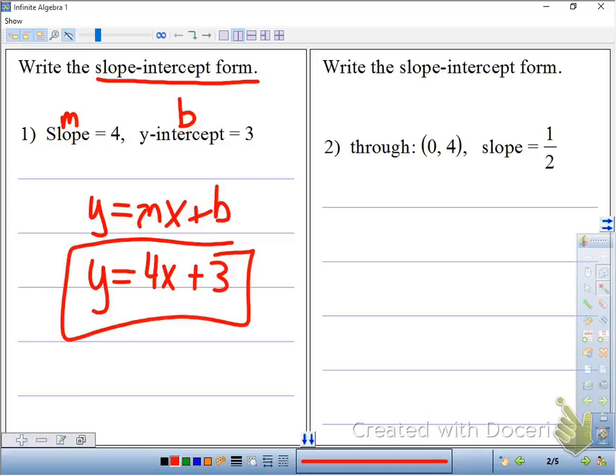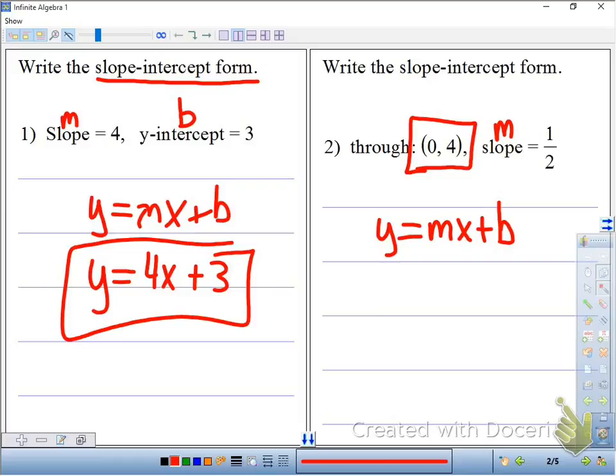For number 2 also asks for slope-intercept form, y equals mx plus b. Now, when I first look at this, it's not necessarily evident that I have a y-intercept. I see that I have my slope, but this looks like just a point.